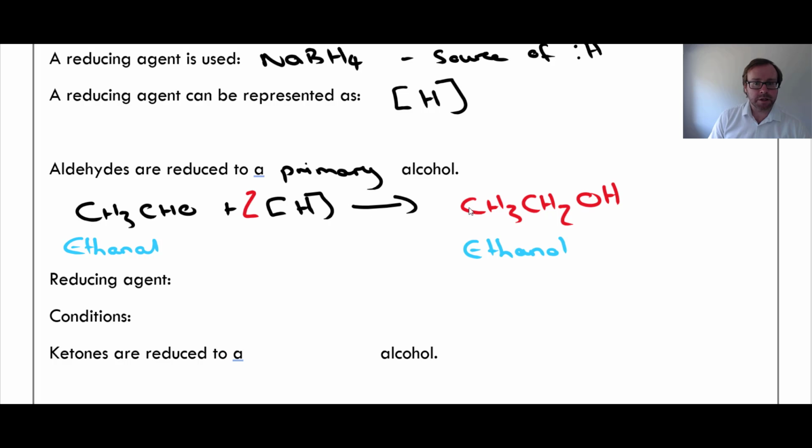If we've got our aldehyde, we're going to produce our primary alcohol, which will be ethanol. Remember, we need to balance the oxygens. Oxygens are already balanced. Balance the hydrogens, so 4 on this side, 6 on this side, so I need a 2 here. The reducing agent is NaBH4. There are lots of different conditions, but really we just need to warm it. You might see reflux as well.